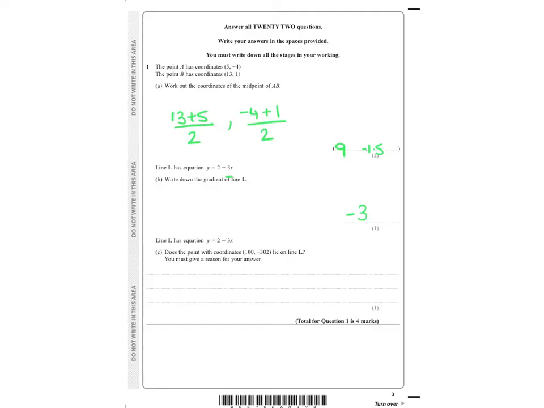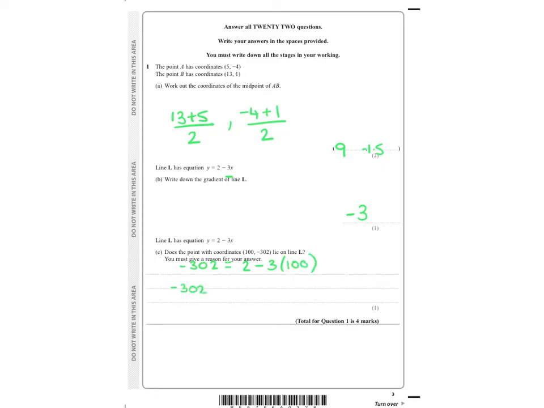Then it says, line L has the equation y equals 2 minus 3x. Does the point with the coordinates 100, minus 302 lie on the line L? You must give a reason for your answer. Now, one way we could check this is by substituting in the values. So we know our y is minus 302, which equals 2 minus 3 lots of 100.